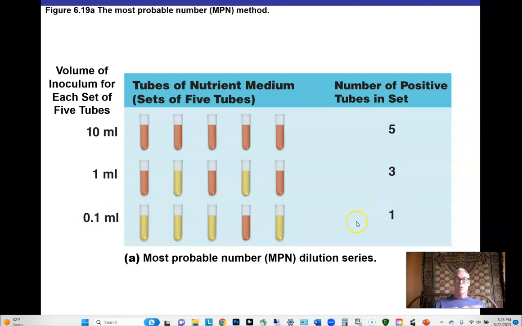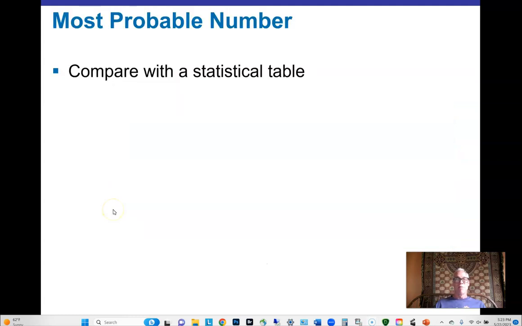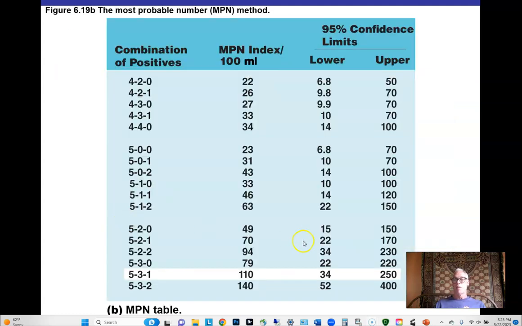And we can go to some statistical tables that have been generated ahead of time, and from the pattern of positive tubes in these sets, we can figure out how many live cells were most likely present per mil in the original sample.